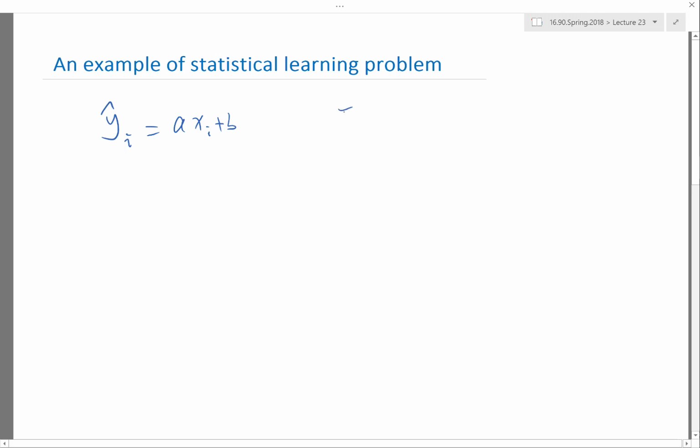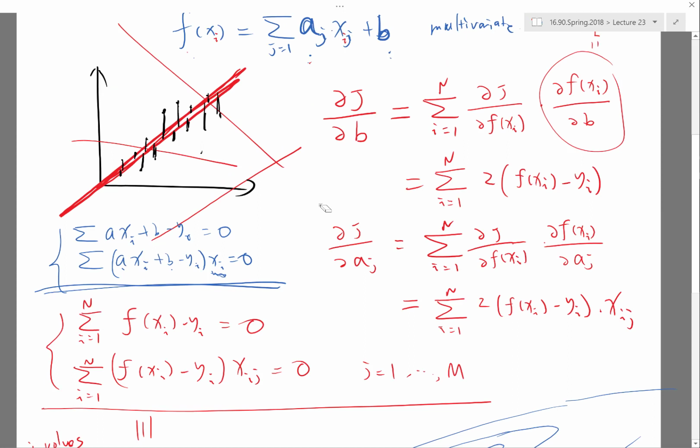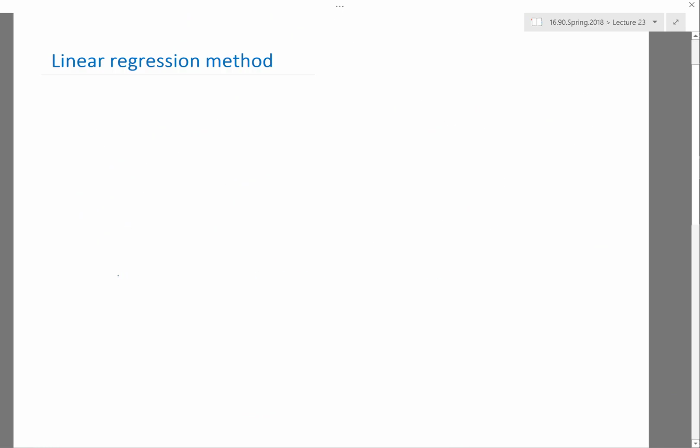My gradient is a summation of y hat of i minus y_i equal to 0, and the summation of y hat of i minus y_i times x_i has to be 0, right?